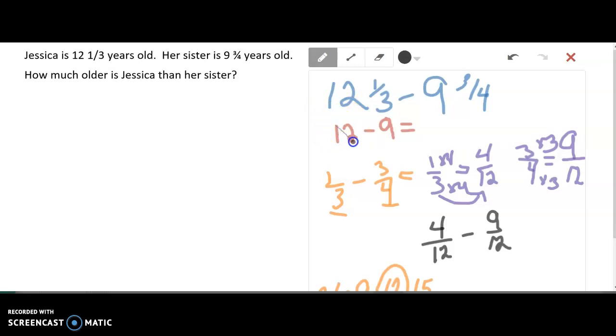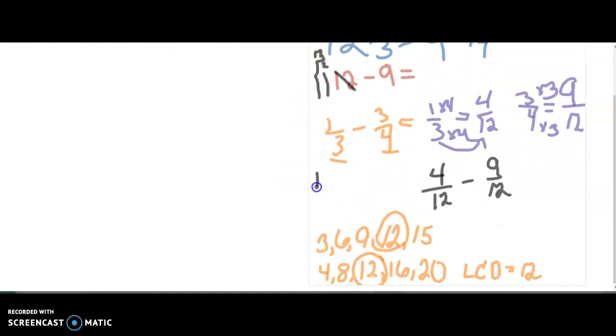I'm going to make my 12 an 11 and 12 over 12. It's hard to tell if that's together, but it's an 11 and 12 over 12, and I'm going to take that fraction part down here and add it to my 4/12 so that I have enough in my numerator so I can subtract.